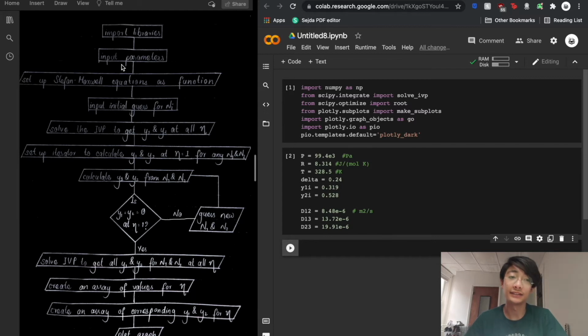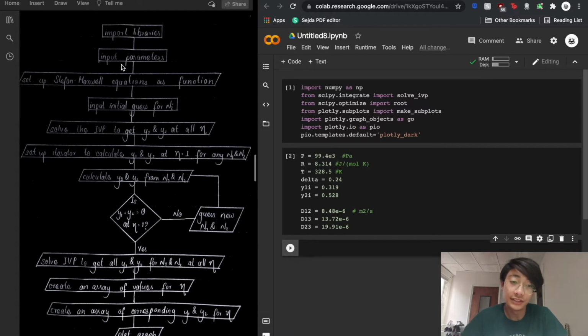And after that is done, we're going to set up an iterator to calculate y1 and y2 at eta equals 1 for any value of n1 and n2. And once we have that, we're going to calculate the value of y1 and y2 at a given value of n1 and n2, and we're going to see if y1 and y2 are actually 0 when eta equals 1.